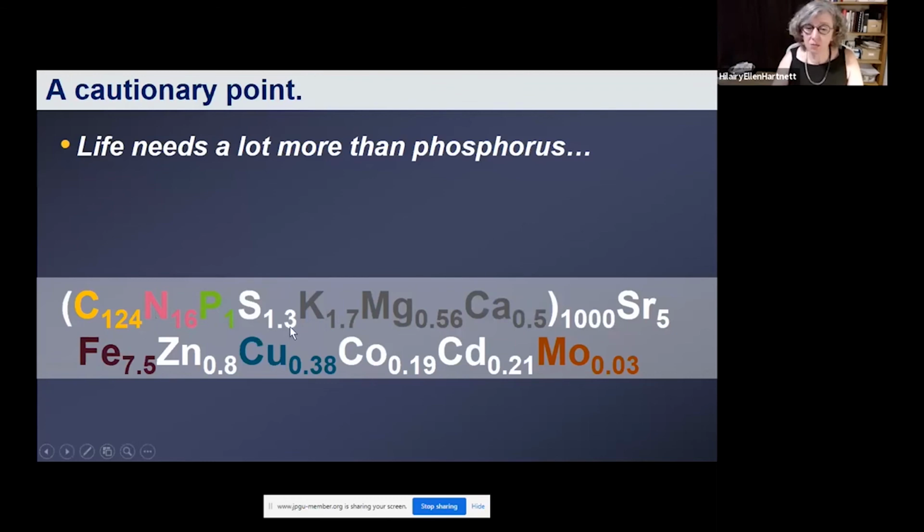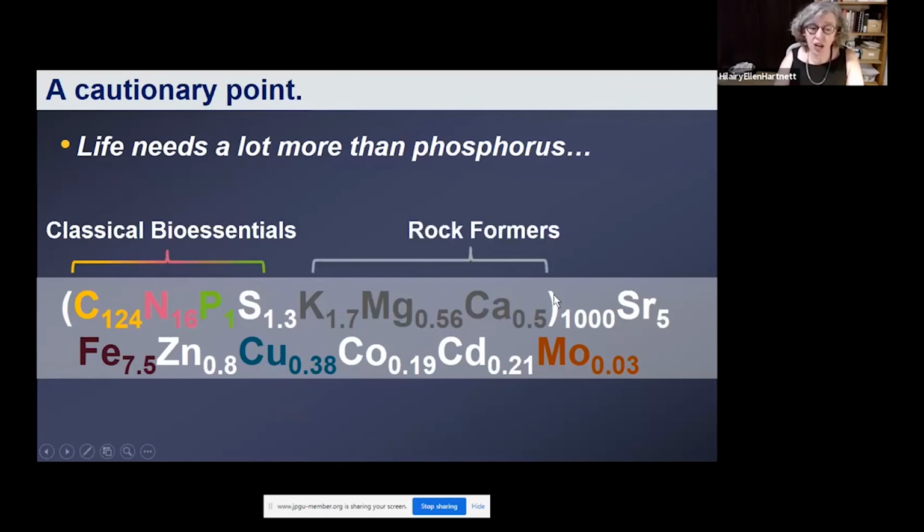But plants and algae also need sulfur. They need some of the rock-forming elements. So these are the bioessential elements: carbon, nitrogen, phosphorus, sulfur. They need small amounts of these rock-forming elements. It turns out they need even smaller amounts of redox-sensitive elements like iron and copper and molybdenum.